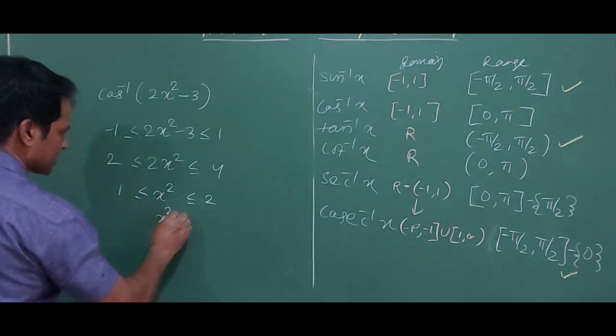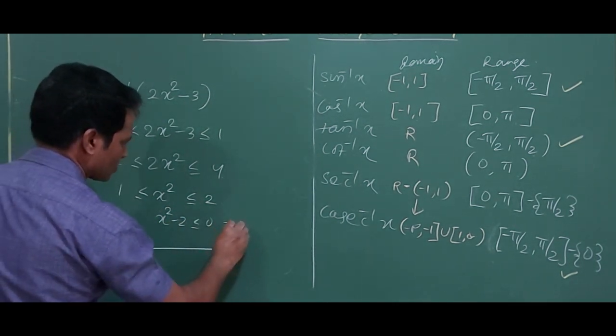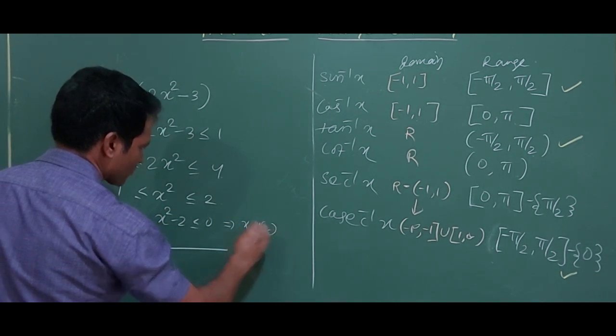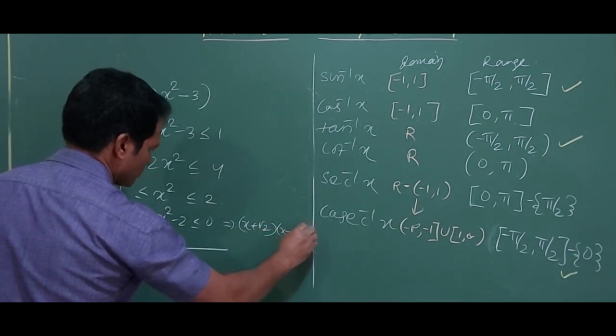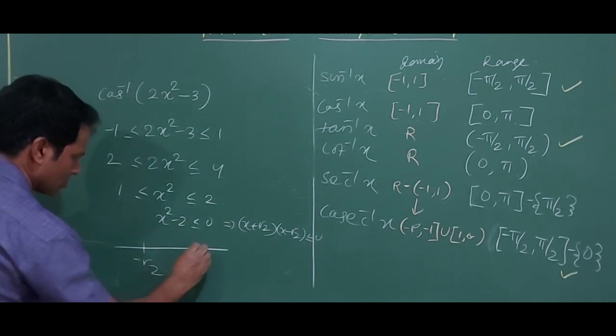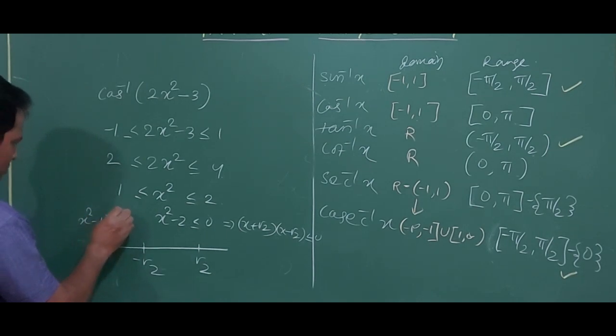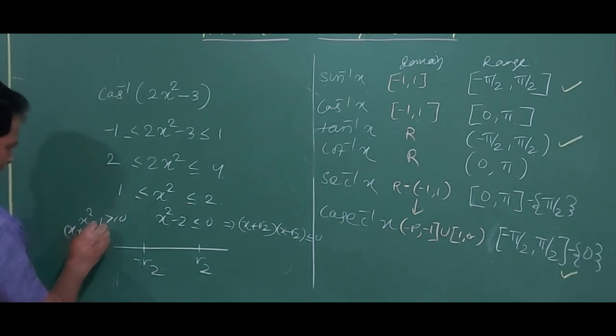The first condition: x square minus 2 less than or equal to 0. I get two factors here, x plus root 2 and x minus root 2. Referring to class 11, the solution is minus root 2 to root 2. The other one: x square minus 1 greater than or equal to 0, so x plus 1 times x minus 1 is greater than or equal to 0.